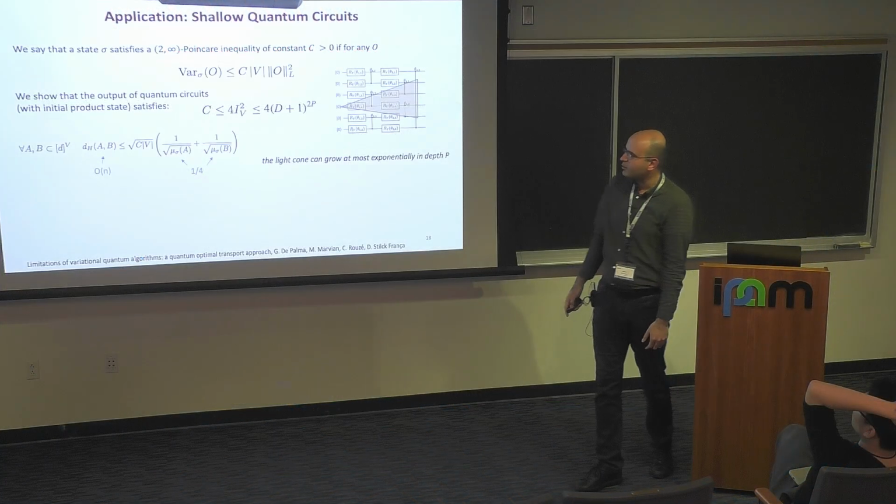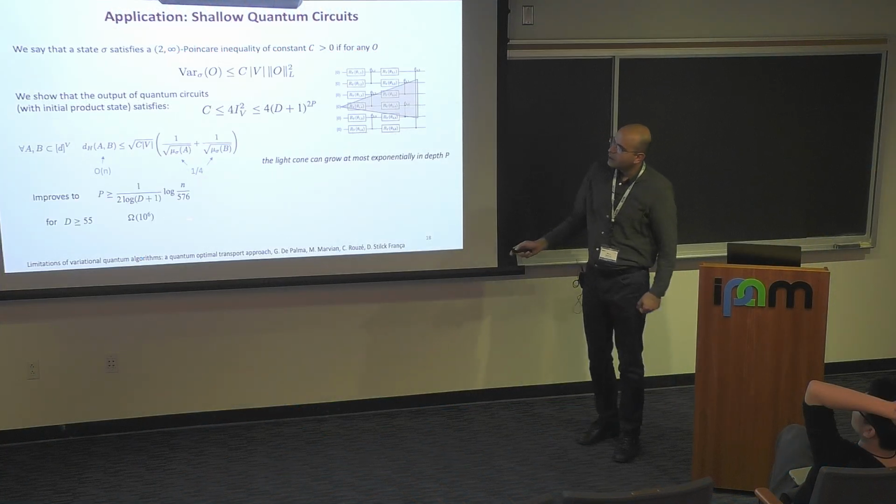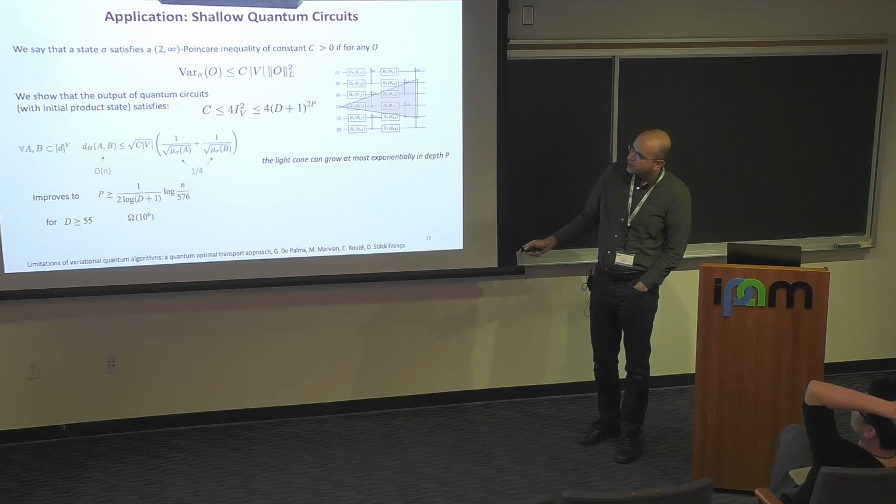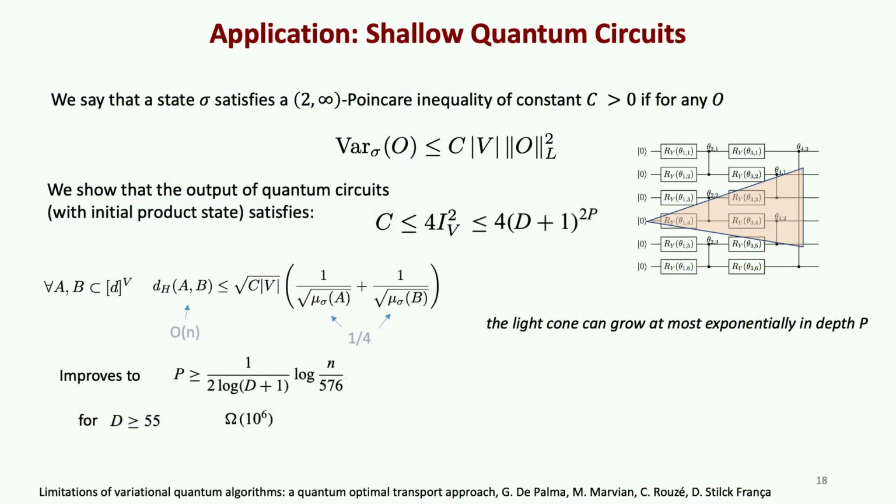So if you plug in the numbers, you'll see that you can show bounds that, as a function of d, are logarithmically better than what I showed before. For example, if I do the same thing with 55, now you get to the region of a million, like 10 to the 6. Let me compare to the previous case. There's this logarithmic difference in d, and some coefficients are improved.